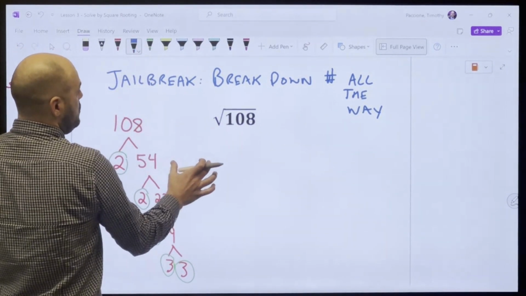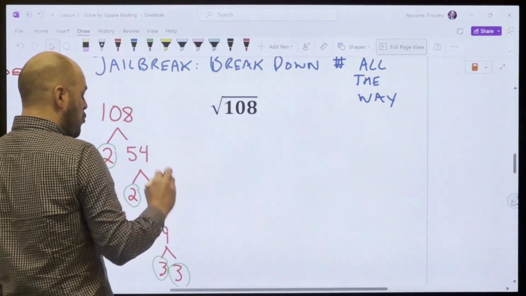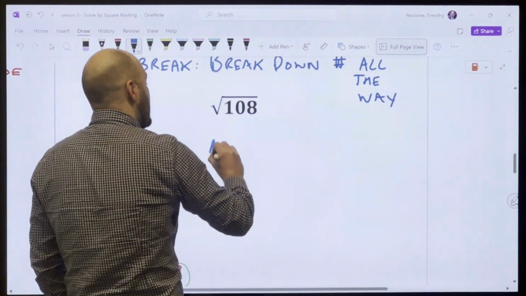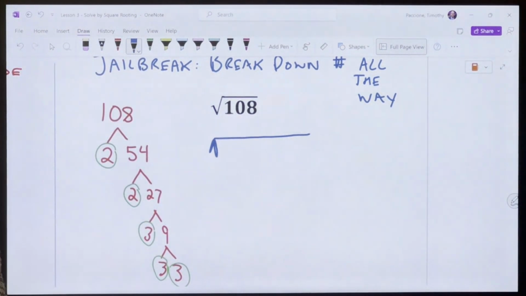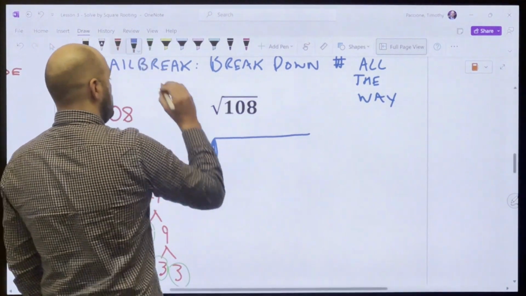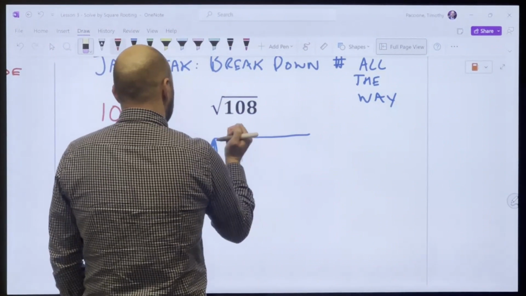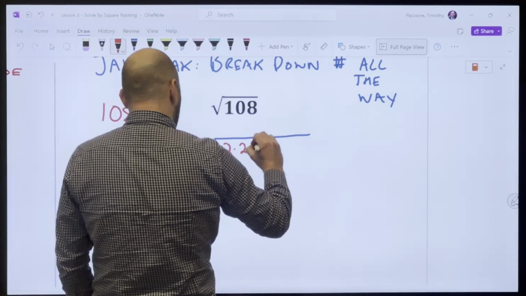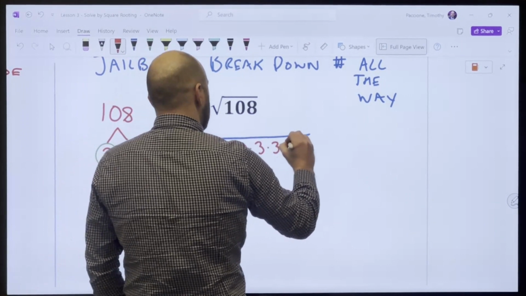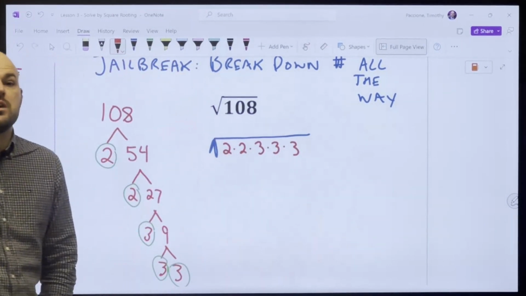So what I do is I rewrite this all as one big radical, and I write the numbers like they are multiplied. So that means I'm going to write 2 times 2 times 3 times 3 times 3. Okay? So I've broken it down all the way.